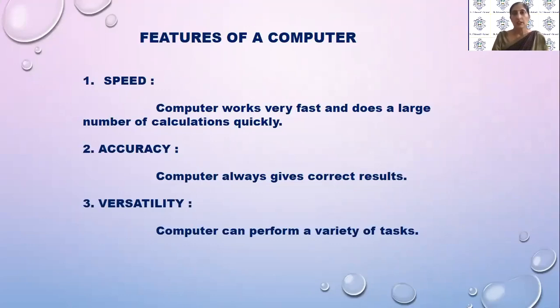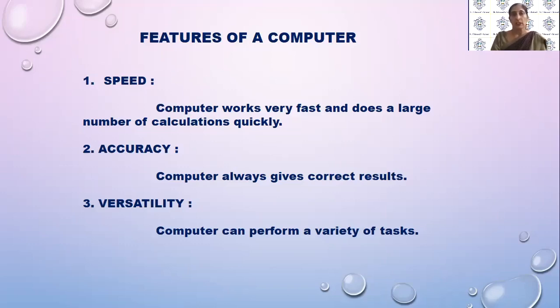First, it is speed. You know, computer works at a very high speed and can do all the calculations very quickly. The moment you give input to the computer through the input devices, maybe the keyboard or the mouse, within a fraction of a second you get the output or the result on the monitor.